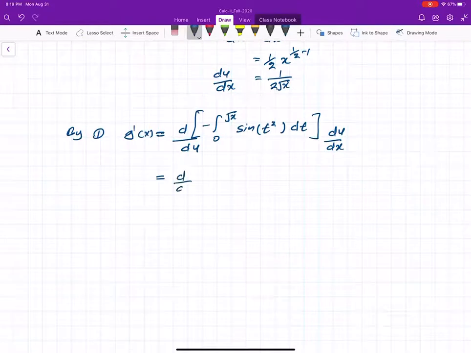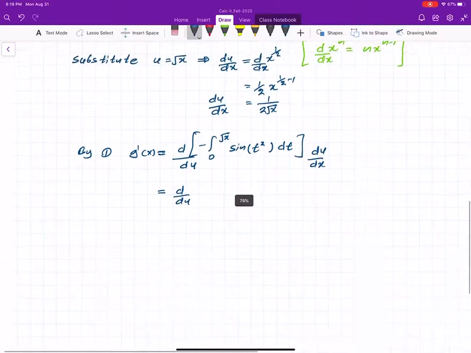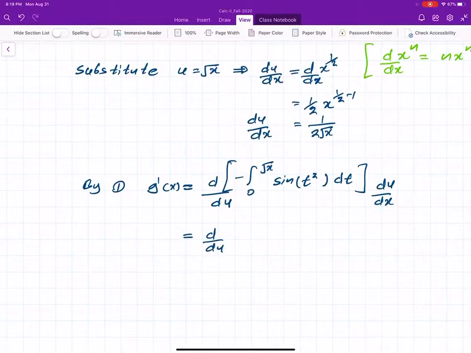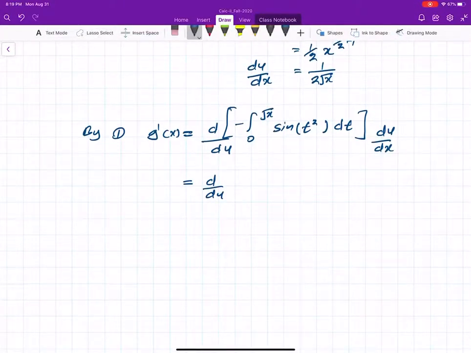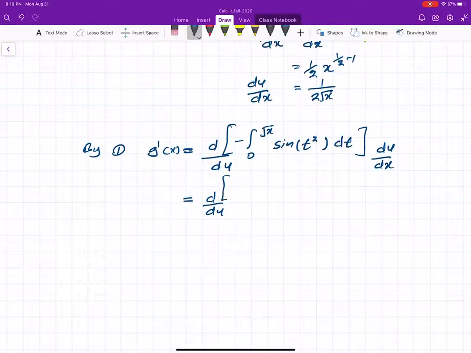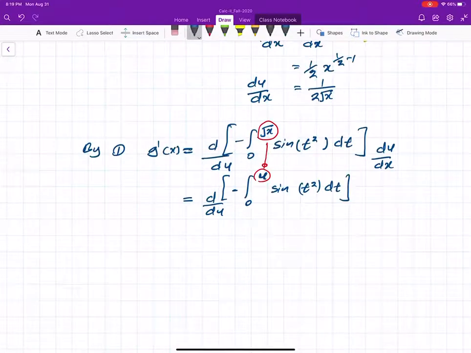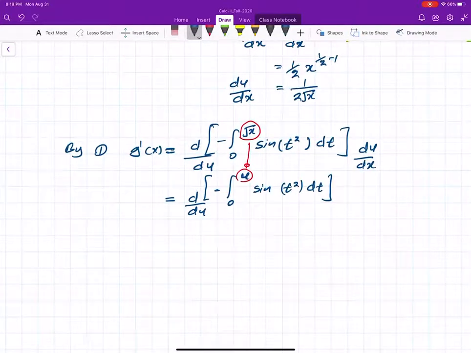I write d over du, and for square root of x I write u, because that is my substitution. For the lower limit, zero. From here to there, there's a change. And then I write sine t square dt, and for du over dx I write 1 over 2 square root of x.